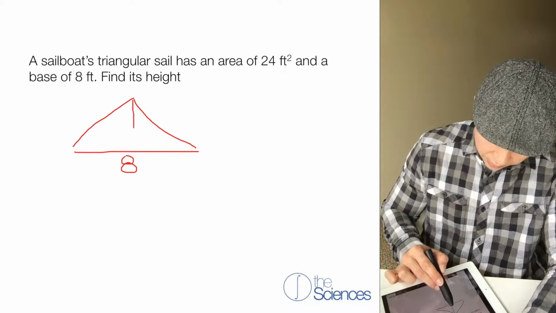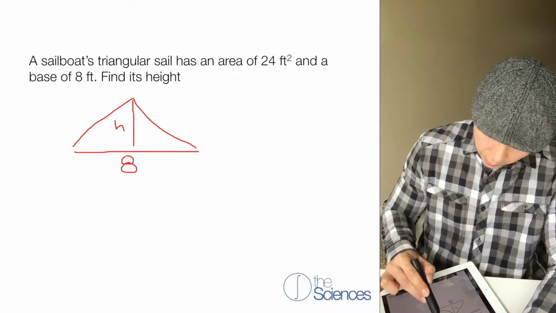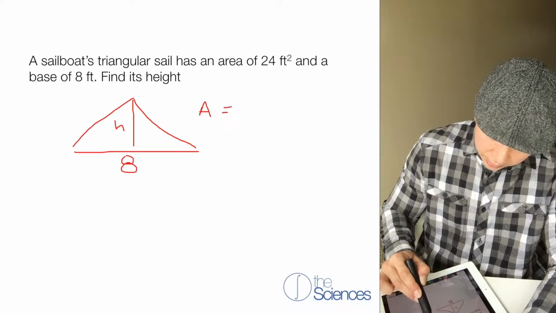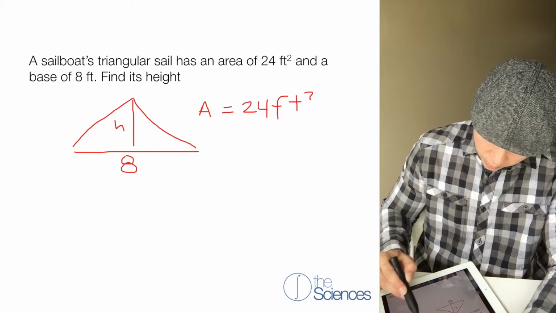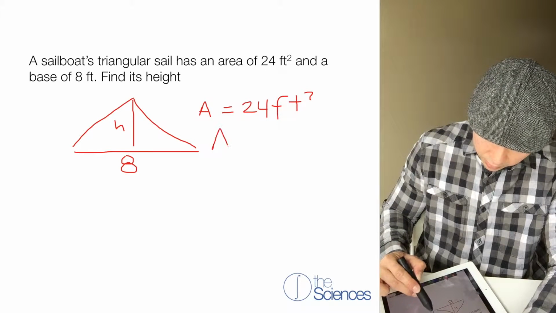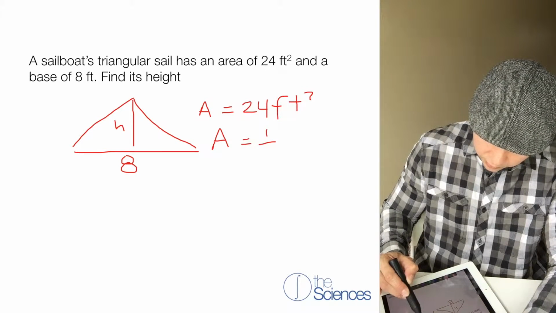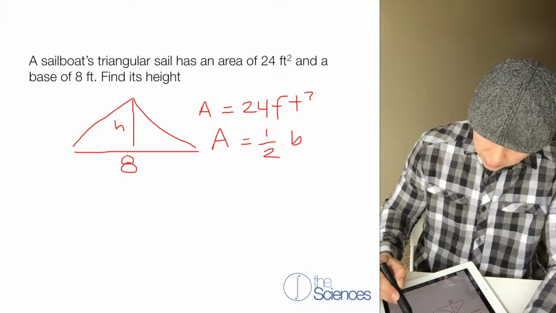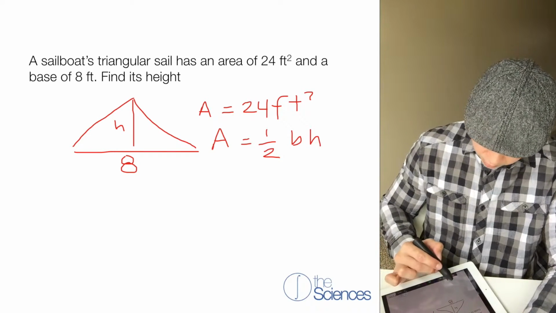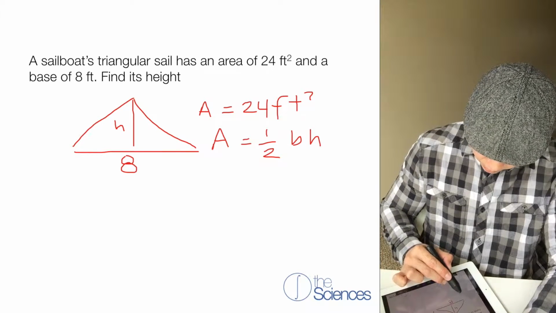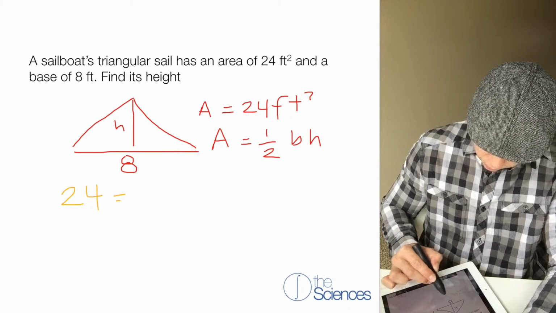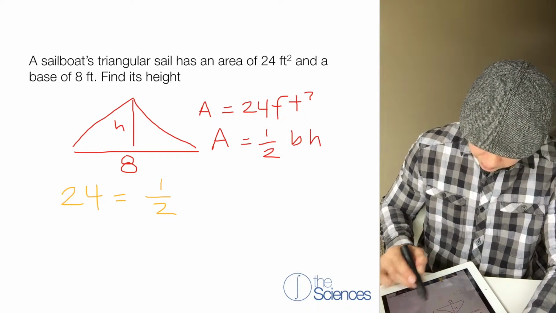We're trying to find its height, and we know that the area is 24 feet squared. Well, we know the area of a triangle is 1/2 base times height. So if we have an area of 24 feet, we have 1/2, and the base is 8.